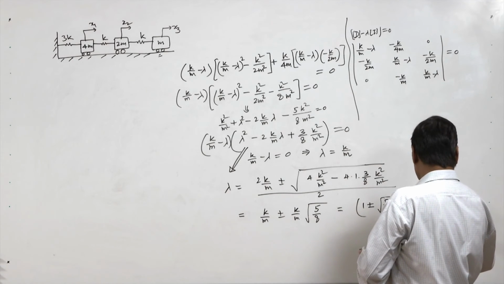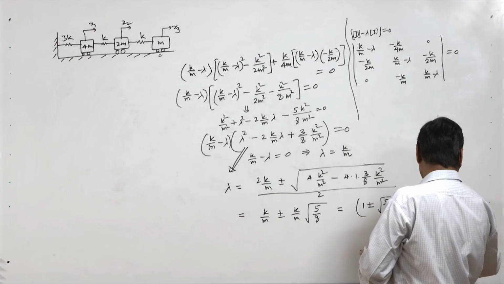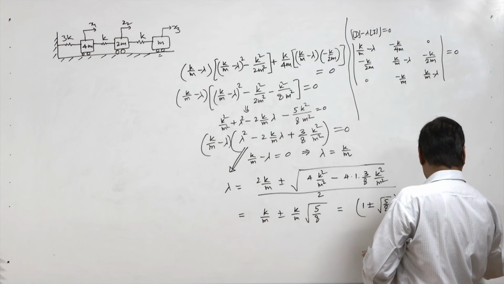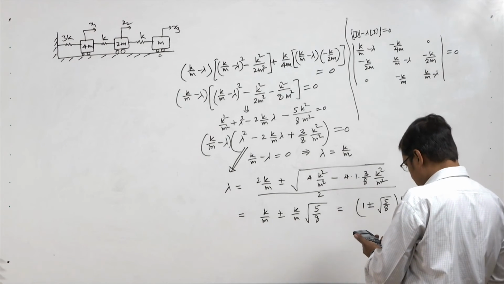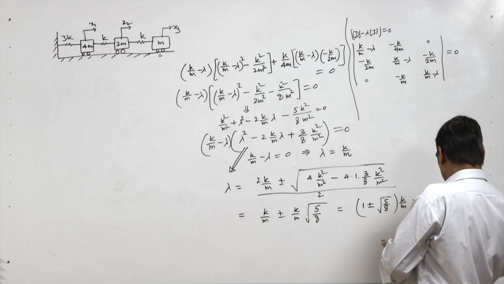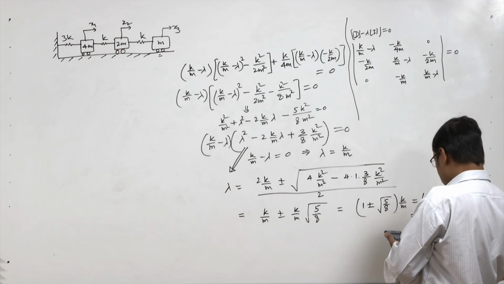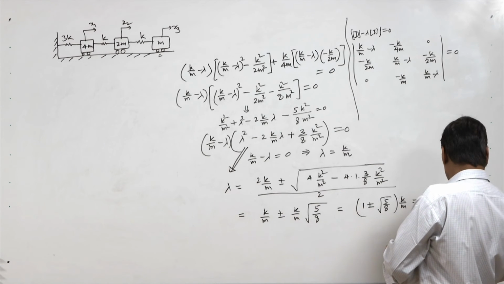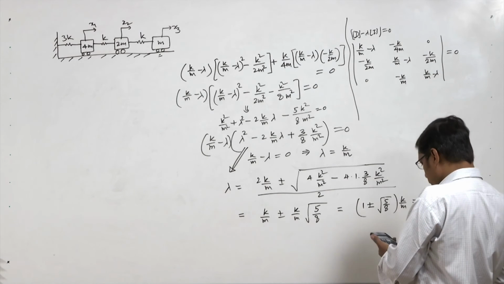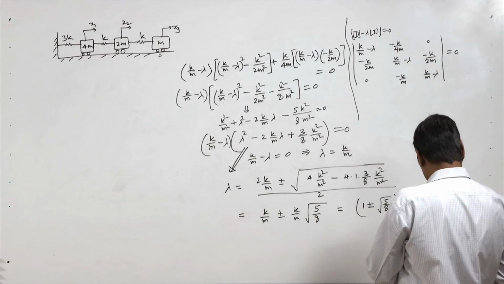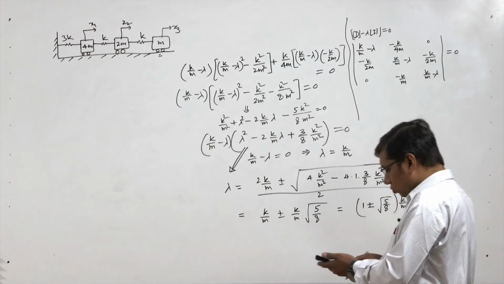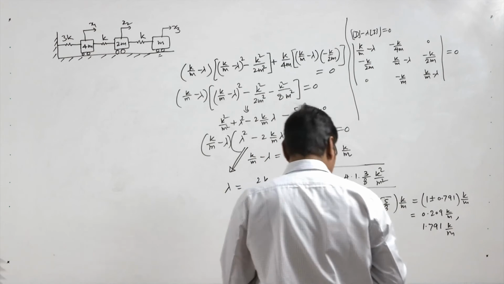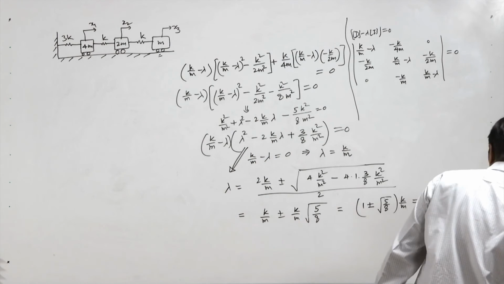So it is 1 plus minus 0.791 k by m, and so we are getting 0.209 k by m, and the second one is 1.791 k by m. So these are the two other eigenvalues that we have got.